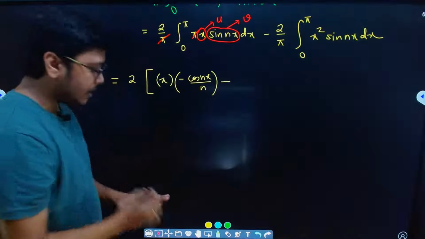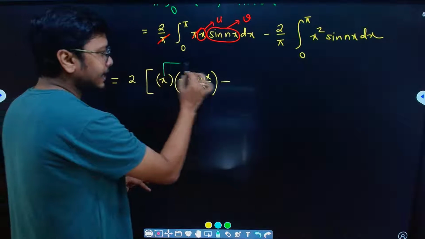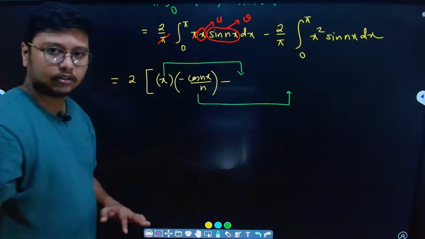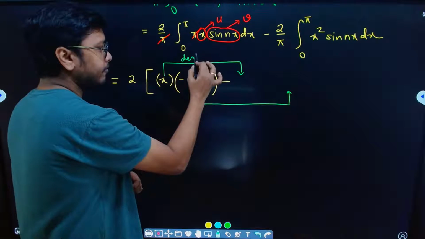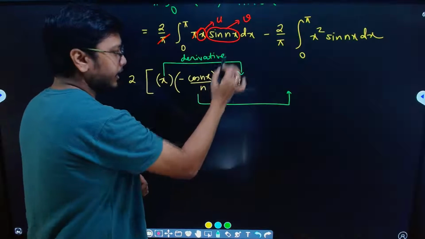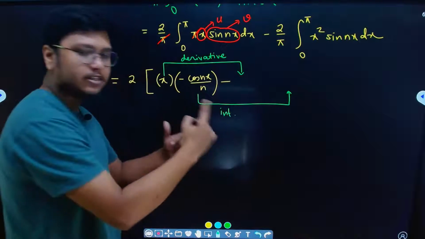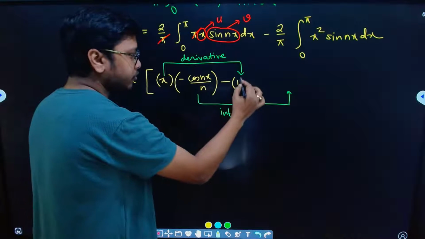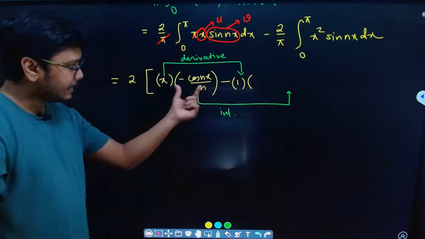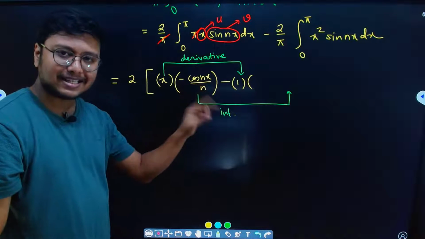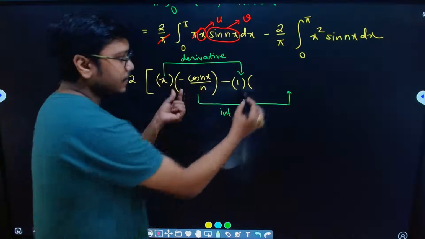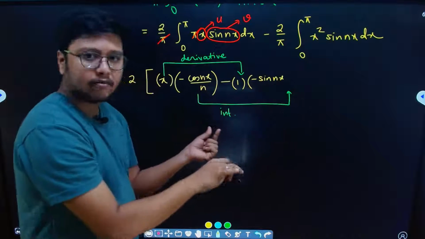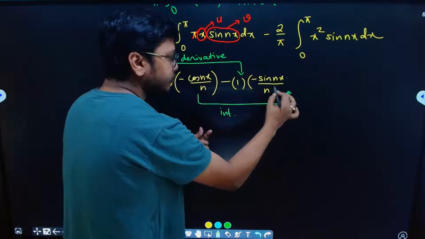Minus, now I need to do the derivative of the first function and integration of the second function, and this pattern will go on. Derivative of x is going to be 1, and integration of cos is basically sine, so the minus term will remain, minus sine nx by another n will come, so divided by n square.